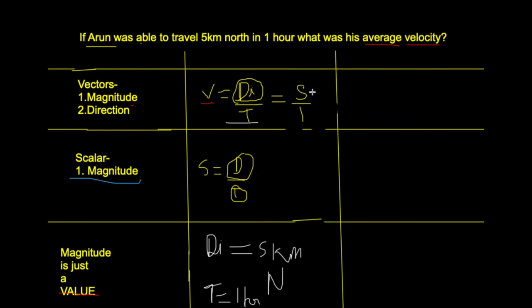It's not necessary to write the direction in the formula, but for your final answer it is vital for you to write that. So 5 kilometers per hour, this is your answer, in the north. Let me write the final answer here.